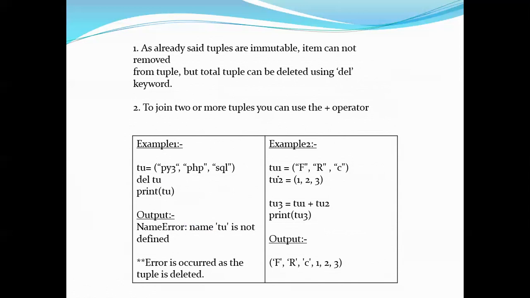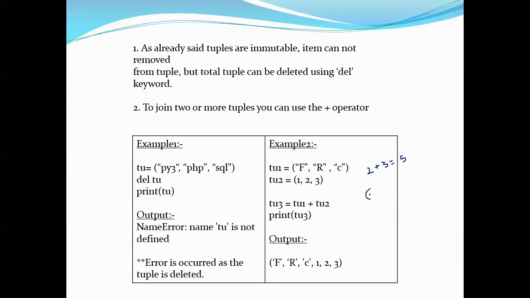Similarly, I can also get a new tuple by adding 2 tuples. Here addition refers to concatenation. Like the same example I said in the list video, you say 2 plus 3, which is actually 5, adding two numbers.